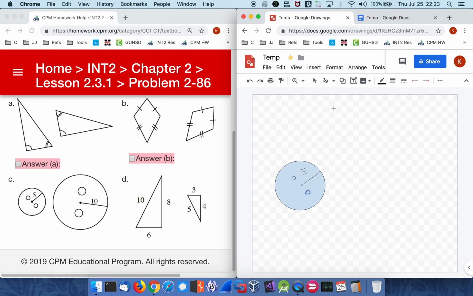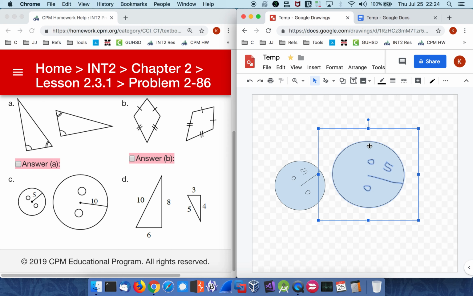Okay, and so to get the bigger one, we're going to have to translate it, so we're going to have to move it, right? And then looks like they're going to rotate it because the holes are in a different location. And then they're going to scale it because they want that 5 to be like a 10, right?